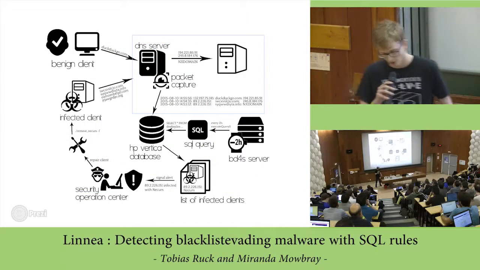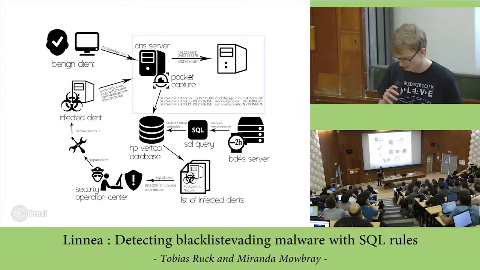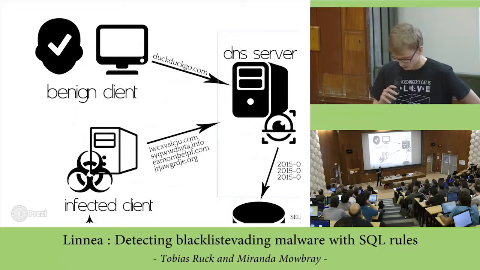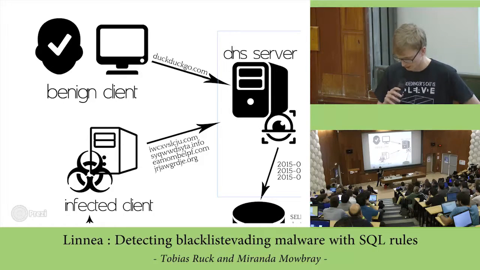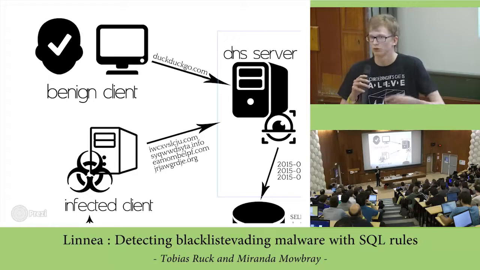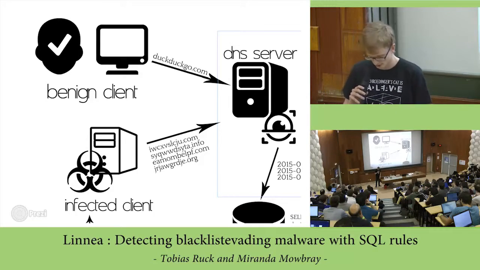So the overall architecture is like this. You have both benign and infected clients that make all different kinds of domain requests, and they all send them to a DNS server.